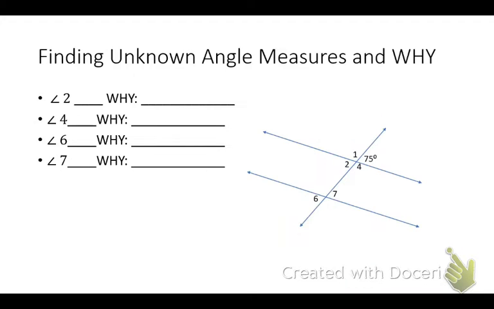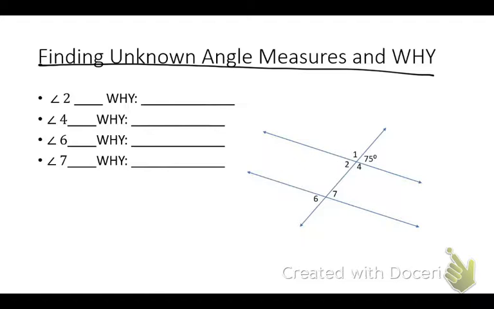Angle relationships. So now we have to use the angle relationships to find the measurements. What do we know about the measurements of vertical angles? They are the same. What about corresponding angles? The same measurement. Alternate interior angles?